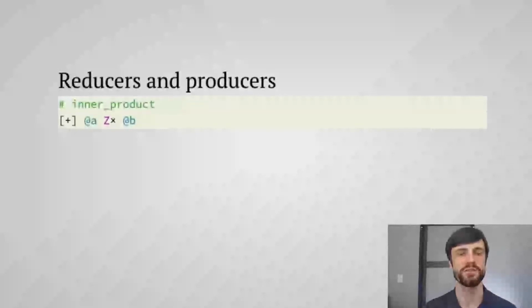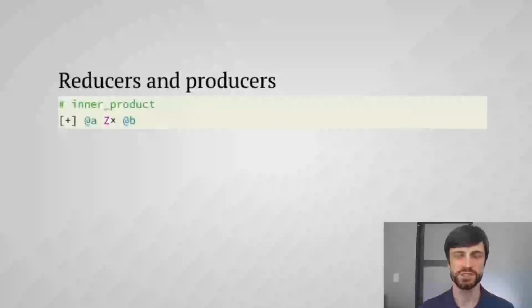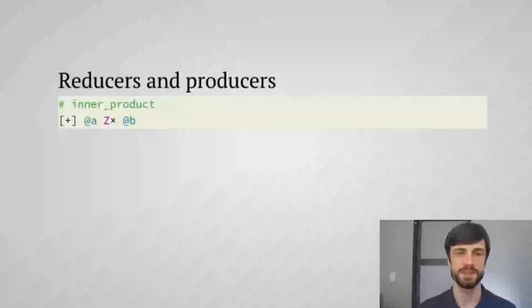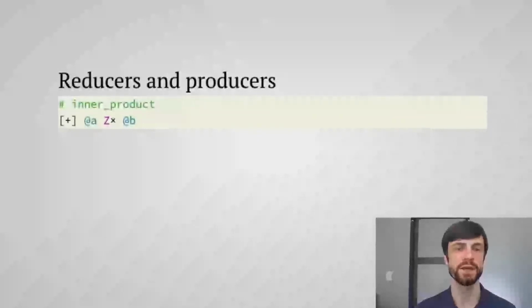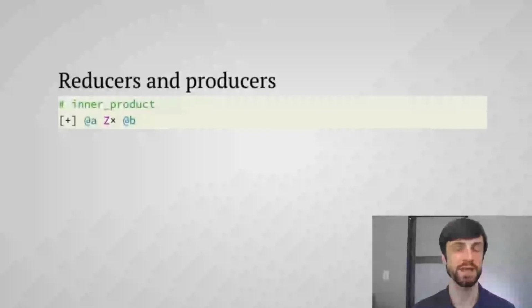but I can never keep the order of operation straight for inner product, but I can keep it straight just fine with the Raku implementation, which is zip two lists together, multiplying each element, and then sum each of those multiplication results. So it's multiply and then add, and that is just transparently obvious from the implementation.